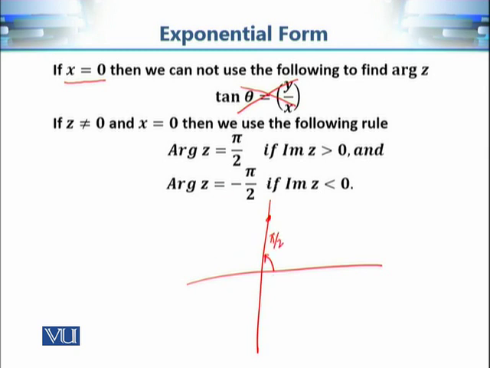And if the imaginary value of this complex number is less than 0, in other words, we are on this side of the y-axis, then the principal argument of z is minus pi by 2, or 3 pi by 2. So that's how we calculate the principal value of the argument of z when the x coordinate is equal to 0.